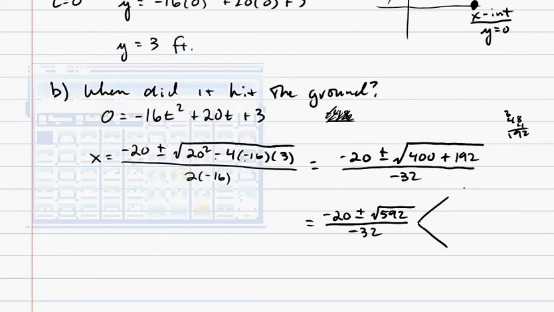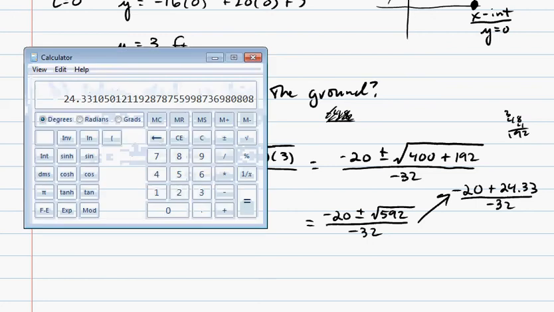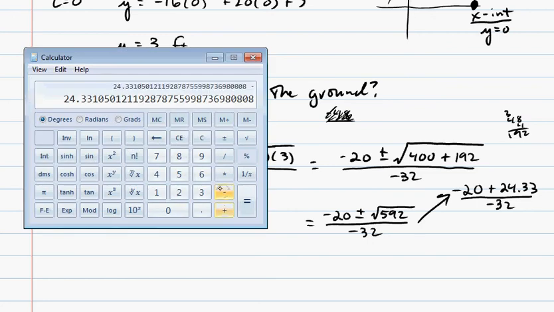So I'll write my first answer is negative 20 plus 24.33 all divided by negative 32. And actually, let's work that out. Now this one turns out to be negative 0.14.